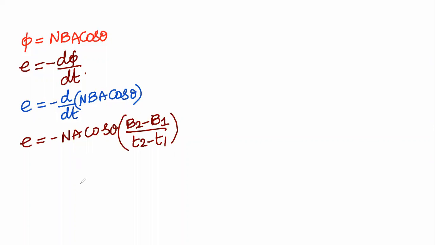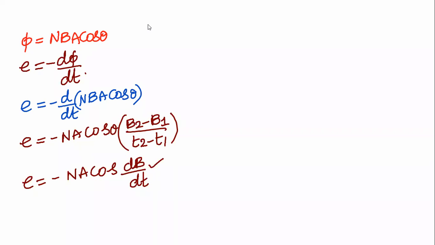So induced EMF is equal to minus NBA cos theta into B2 minus B1 divided by T2 minus T1. Instead of this, we may write E is equal to minus NA cos theta into dB divided by dt.